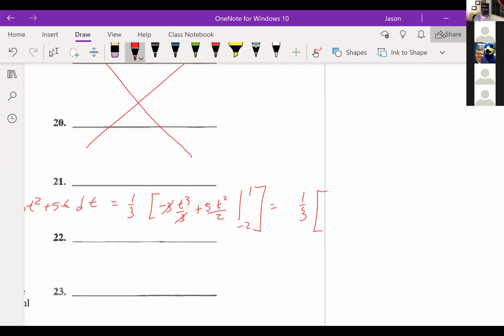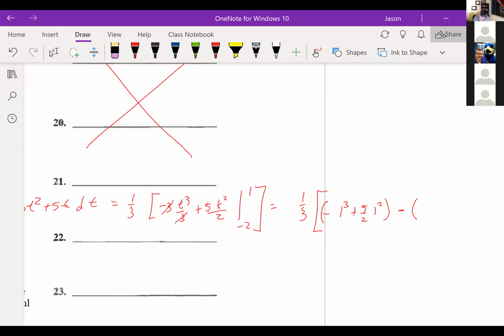So this is going to be negative 1 cubed plus 5/2 times 1 squared, minus, plug in negative 2 now. This is negative 2, the whole thing.